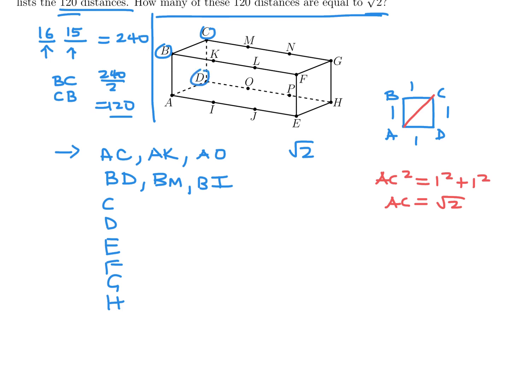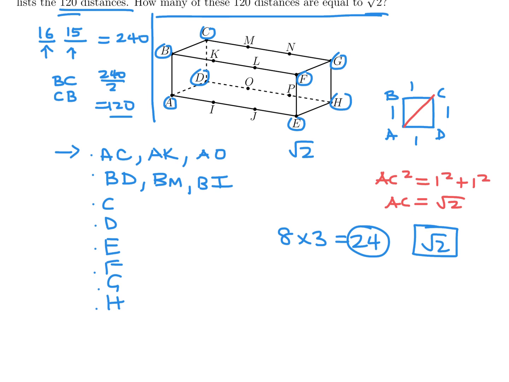I'm just concentrating on the corners because they behave in the same way. And each of them will have 3. So since there's 1, 2, 3, 4, 5, 6, 7, 8 corners, and each of them has 3, there's a total of 24 that will have a distance of root 2. Okay. I'm pretty sure that is correct.